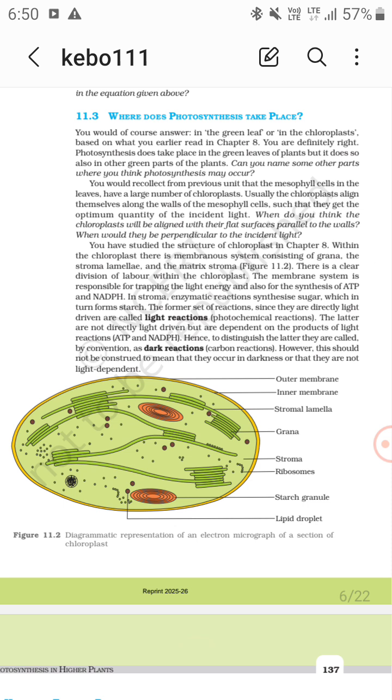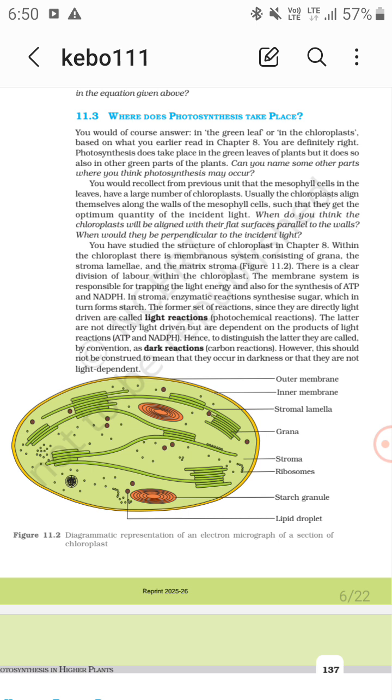The membrane system is responsible for trapping the light energy and also for the synthesis of ATP and NADPH. In the stroma, enzymatic reactions synthesize sugar, which in turn forms starch.